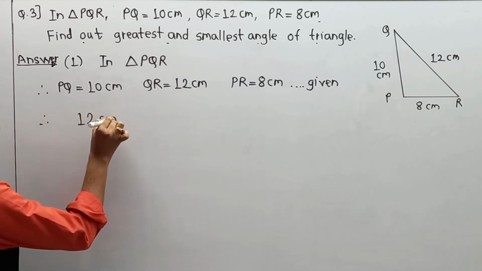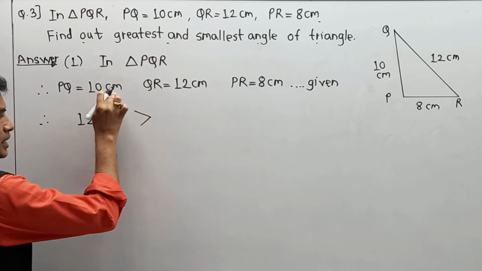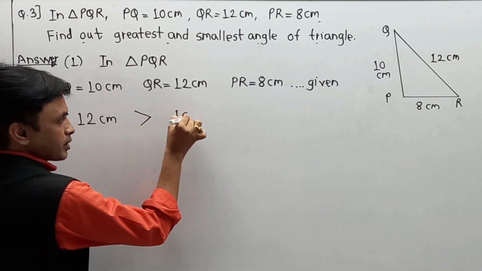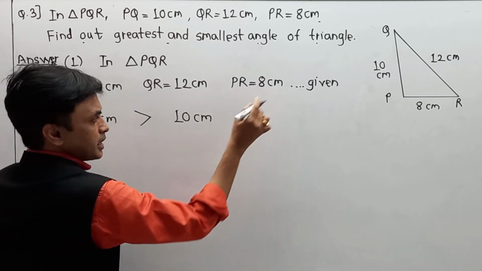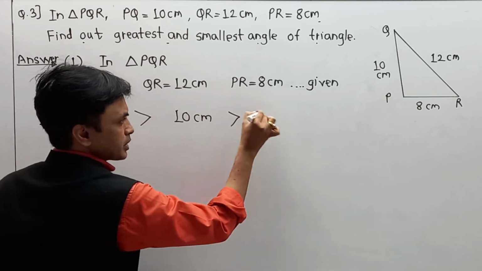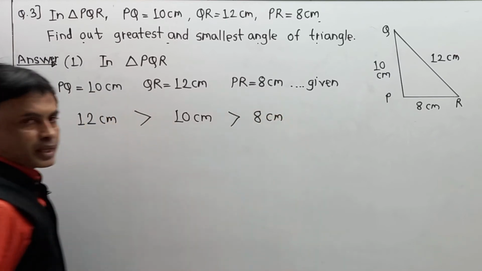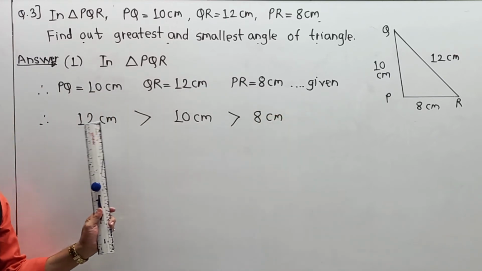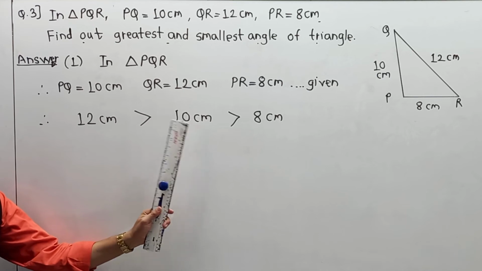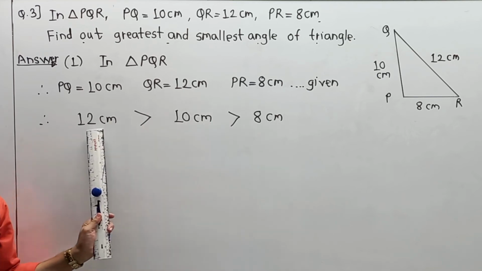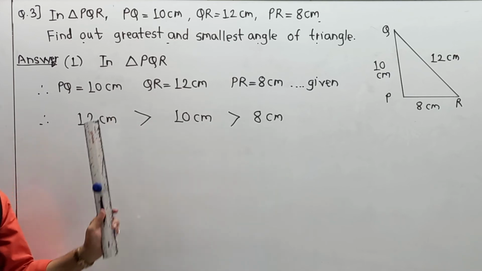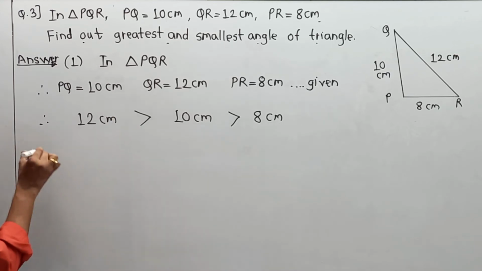12 centimeter is greater than 10 centimeter. And this 10 centimeter is greater than 8 centimeter. We have just symbolically presented that 12 centimeter is greater than 10 centimeter and 10 centimeter is greater than 8 centimeter. Naturally 12 centimeter is already greater than 8 centimeter. That sequence will be true.